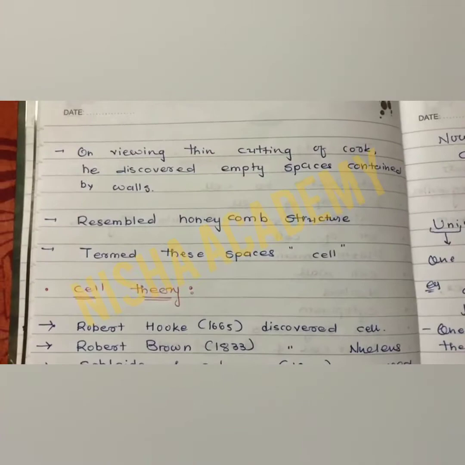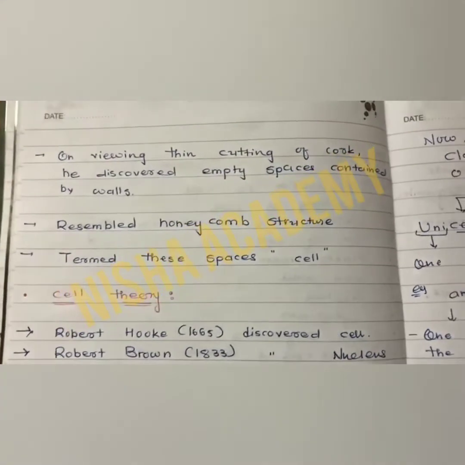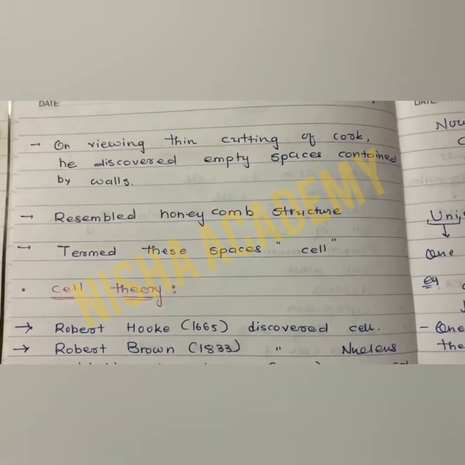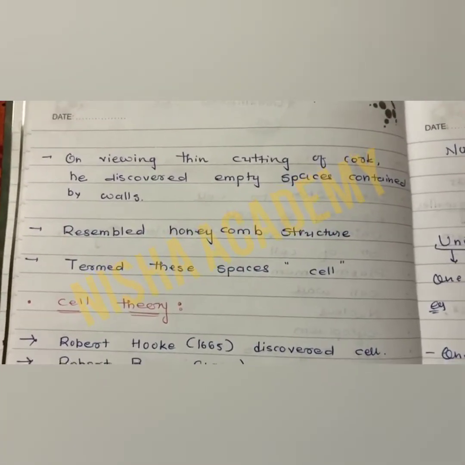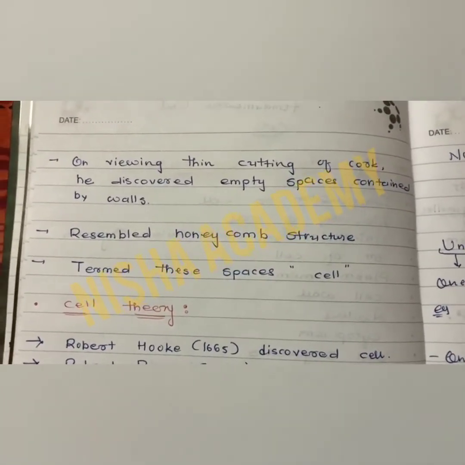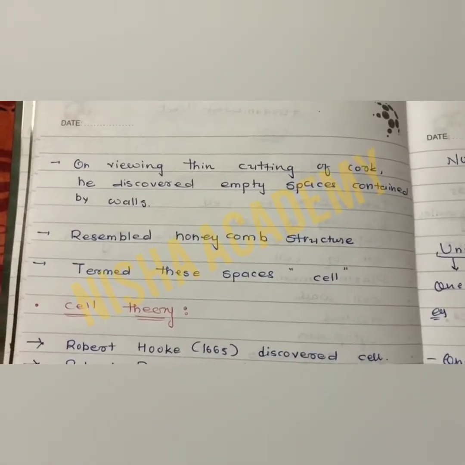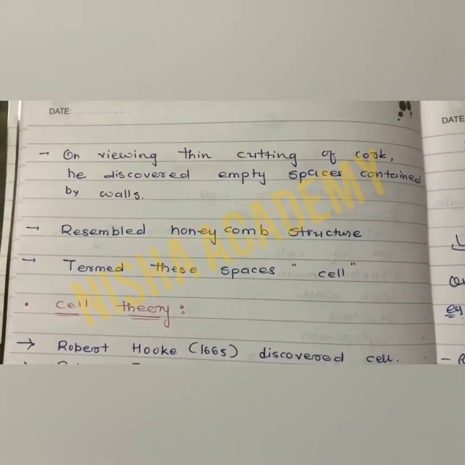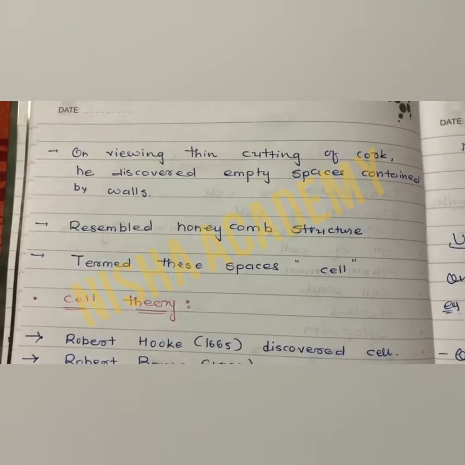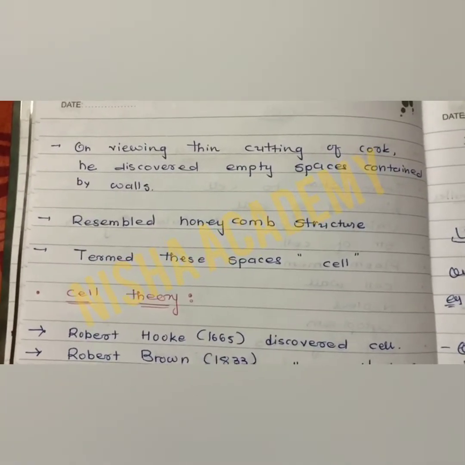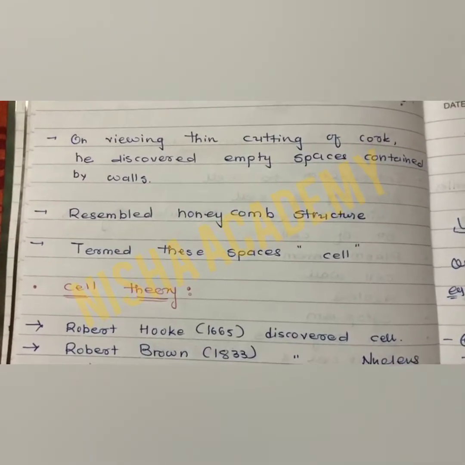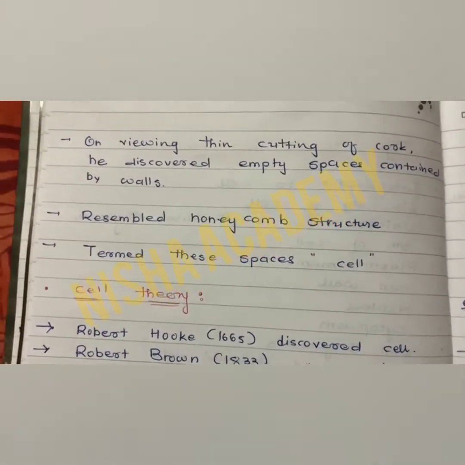You can observe the same thing in a building: walls and inner empty spaces, which you call rooms, right? He was not aware of the structure or function of the cell, but the only thing he did was discover an empty space, termed a cell.